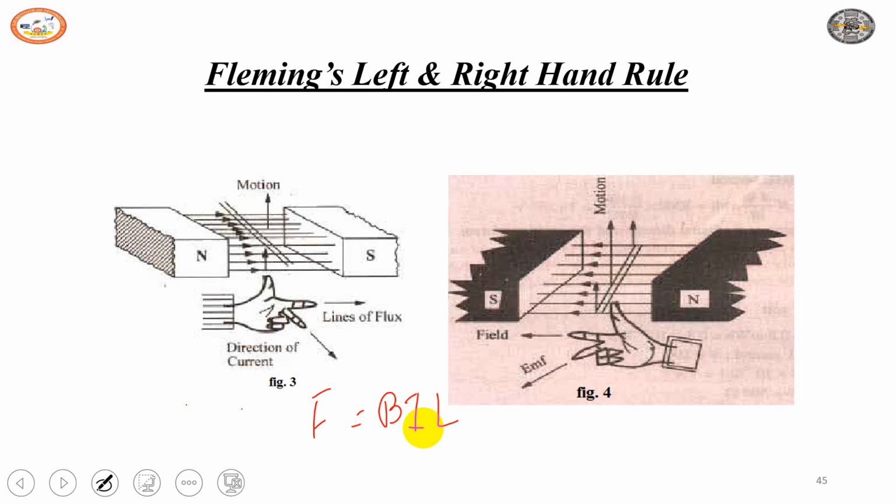The forefinger points in the direction of the magnetic field, the thumb in the direction of the motion of the conductor, and the middle finger in the direction of the induced EMF. This is how we need to understand the direction, motion and the field of a given magnetic field.